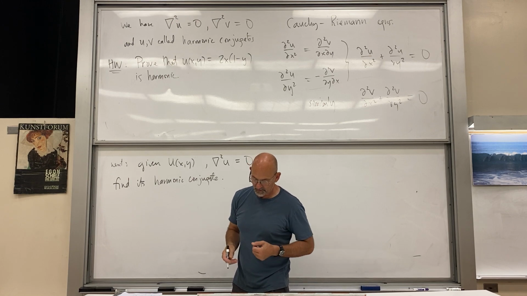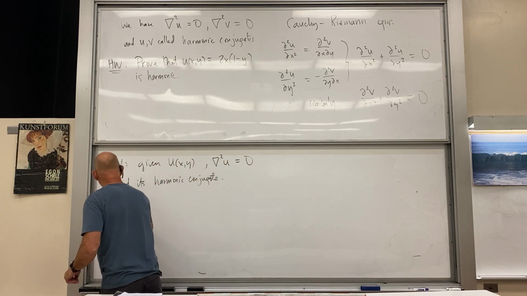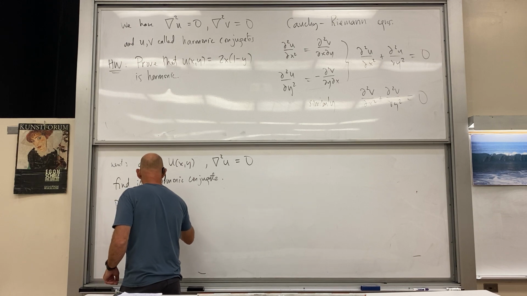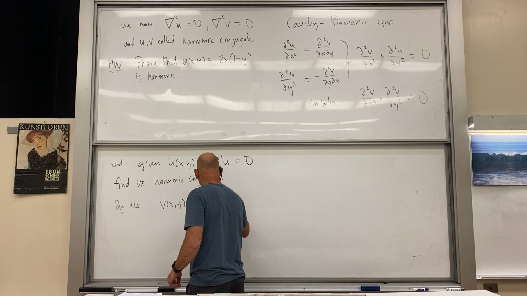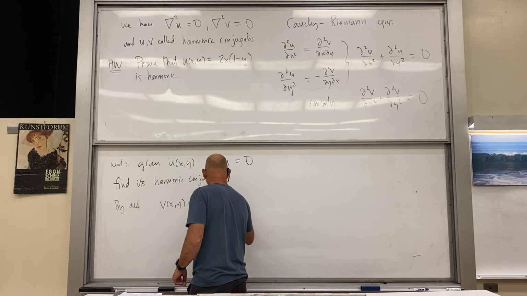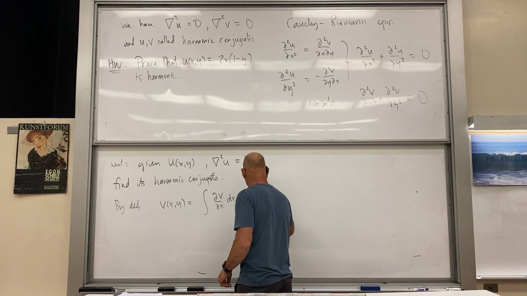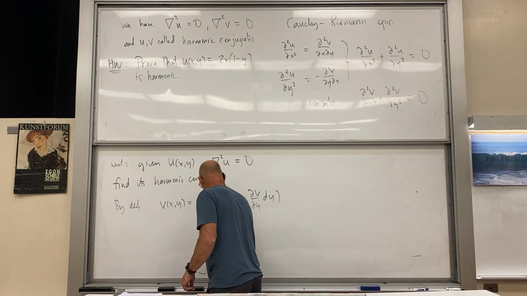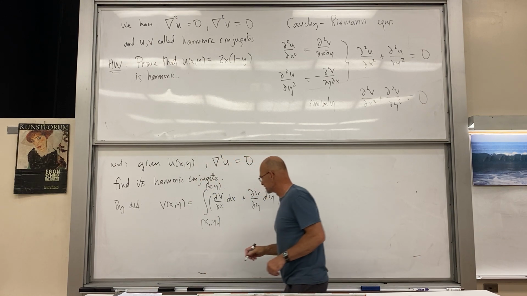And what we'll do is, constructing v, by definition, v of x and y would be the integral of dv/dx dx plus dv/dy dy, from x0, y0 to x, y.